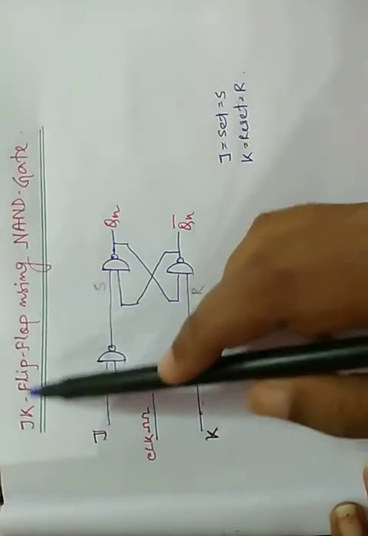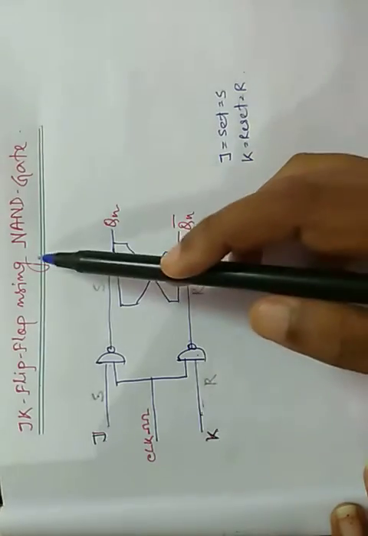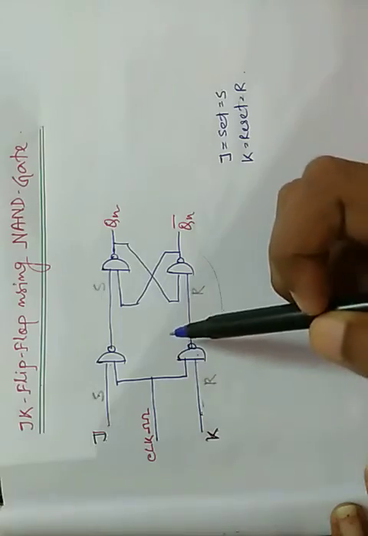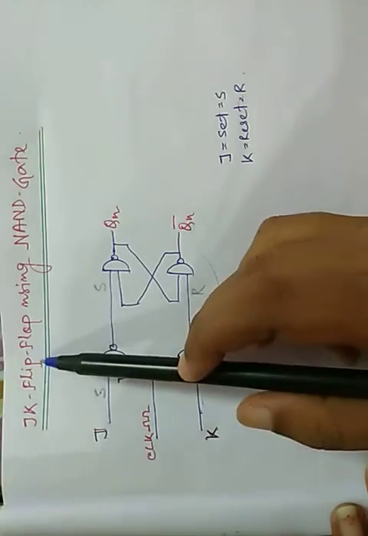Now this is our simple SR latch using NAND gate. So what is the improvement over this latch so that we could get JK flip-flop?